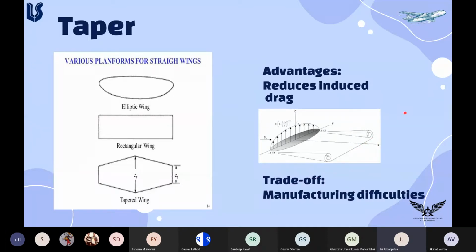Why is it difficult to manufacture an elliptical wing? Yeah, it's Athava, right? So, how do we actually manufacture a wing? Let me tell you. This is RC plane based, so if I give you examples of World War II planes, don't think it is based on that. How we do it is we have a spar.